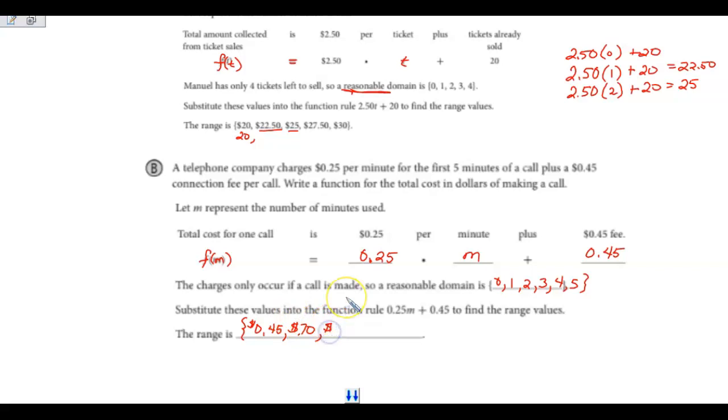And if it is 2 minutes, I'm going to take my 50 cents plus my 45, and that's going to give me 95 cents. And for 3 minutes, that's 75 cents plus my 45 cents, and that's going to give me $1.20.